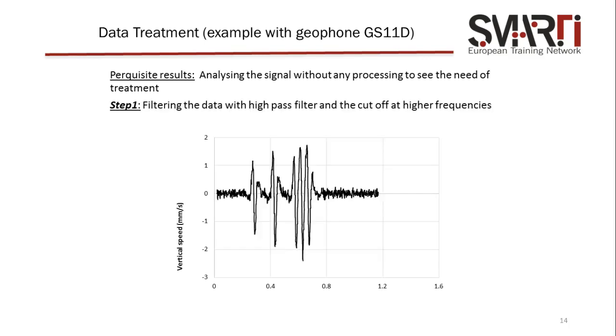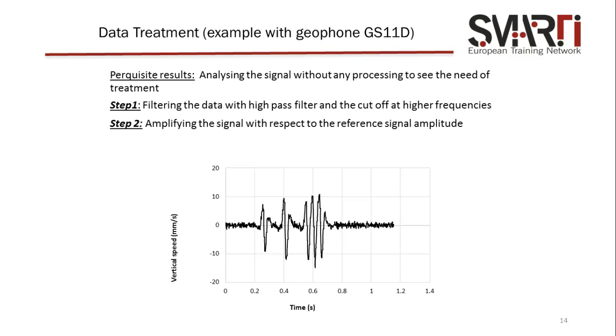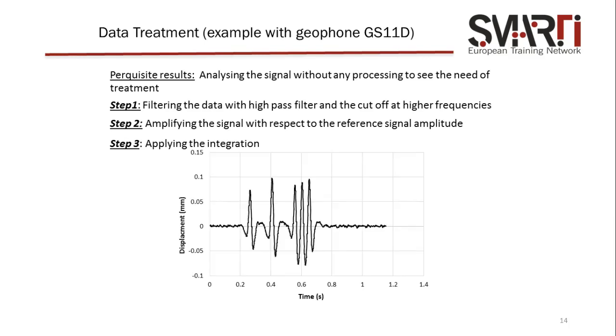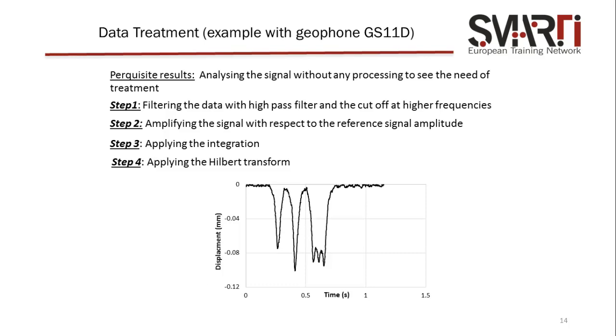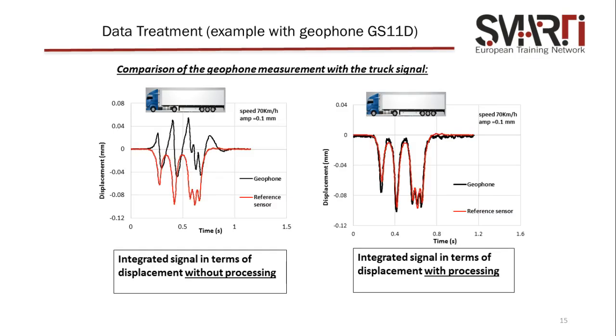So we applied a high pass filter and removed the noise in the lower frequencies, then amplified the signal, applied the integration, and then applied the Hilbert transform. The Hilbert transform was a key point for us because it applies a 90-degree shift of the signal. Ultimately we got a result which was very close to the reference signal.